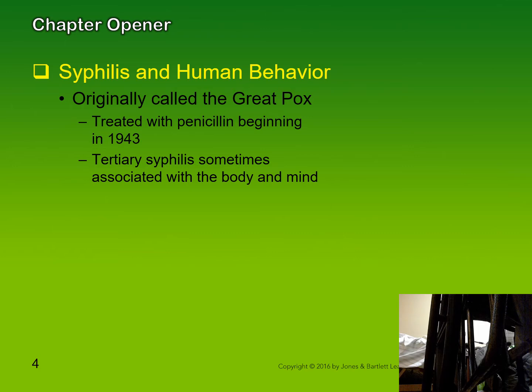There are multiple stages of syphilis. The tertiary syphilis is the most serious, and it's generally associated with malformations of the body and of the mind. You basically can go insane from syphilis.